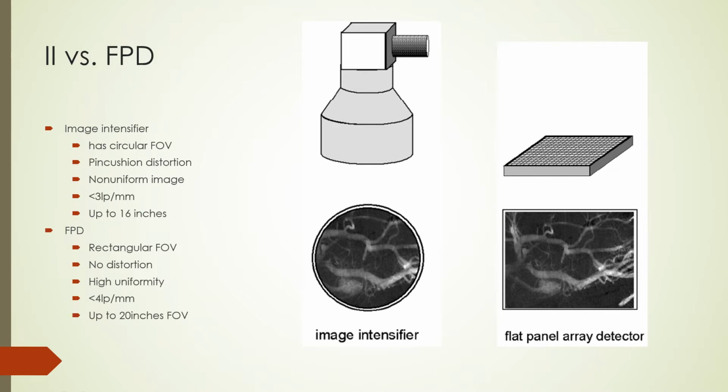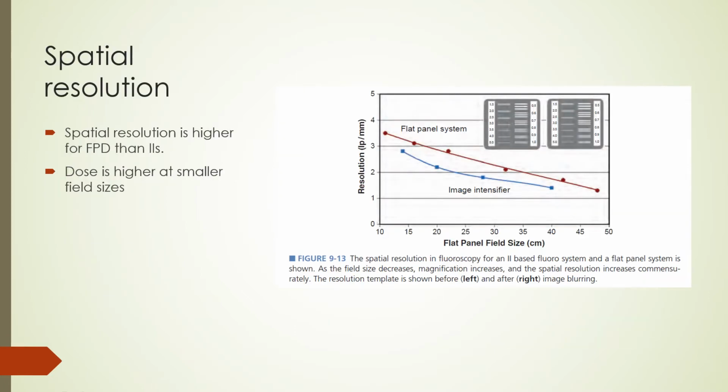Images from flat panel detectors are also uniform with no pincushion or S-shaped distortions. Here is a comparison of the spatial resolution of a flat panel detector with that of an image intensifier at different field sizes. The flat panel detector performs better than the image intensifier at all field sizes as shown. Note that at smaller field sizes, which are magnification modes, doses will be higher for both systems.